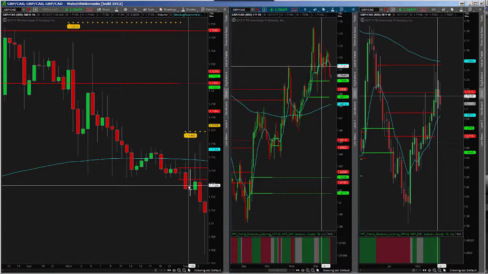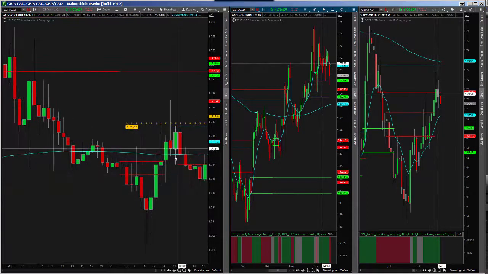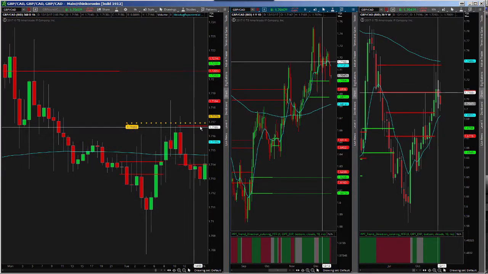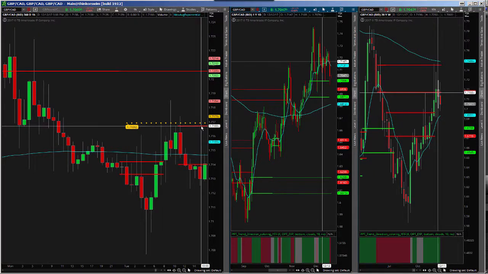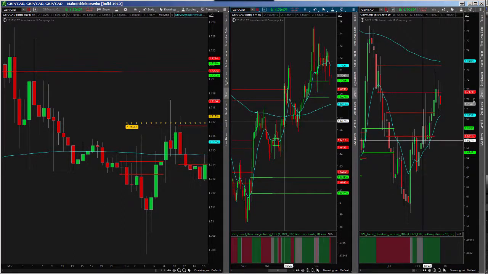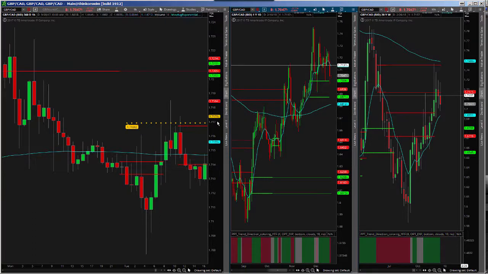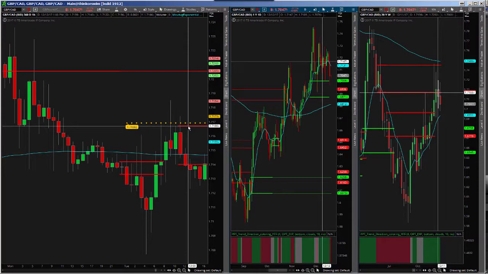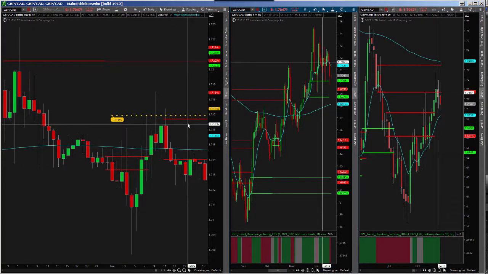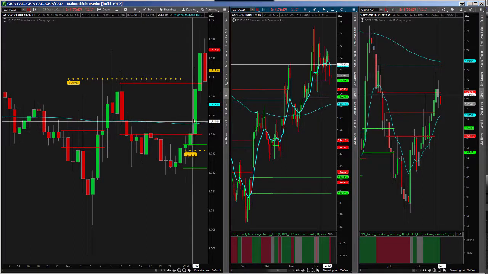So 1 loss, 1 win. Okay, I got another. Okay, those are 3 pips away. All right, let's look at this one. So the zone here is 71. Okay, yeah, so I don't even have a zone inside a zone, so I don't have anything to do here.